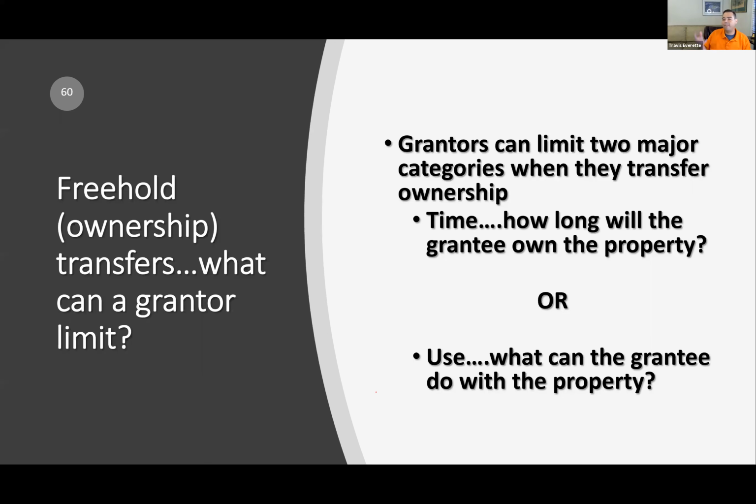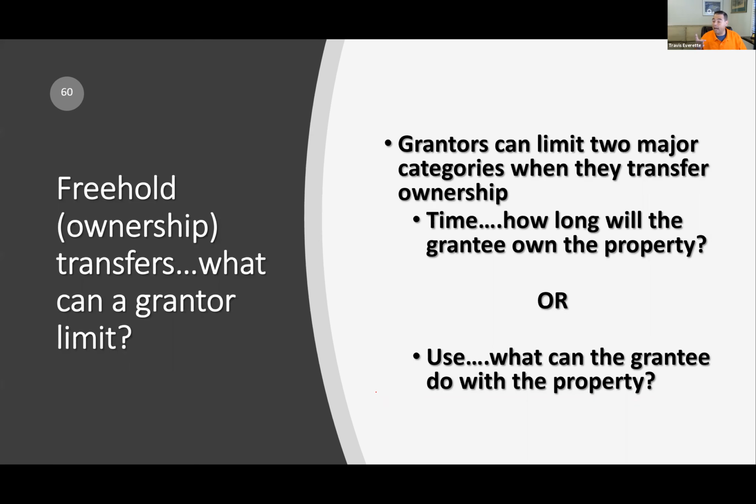So when we talk about that adding of restrictions, what are the things that a grantor can limit? What are the things that they can say, you know what, you're not going to have full control here? There are two categories of things that a grantor can limit.